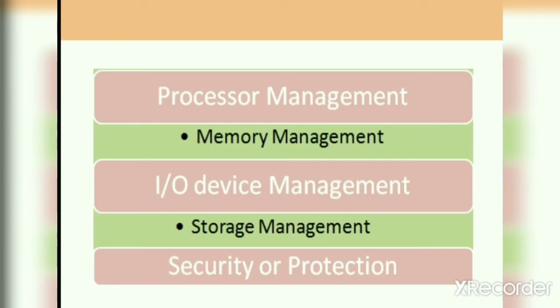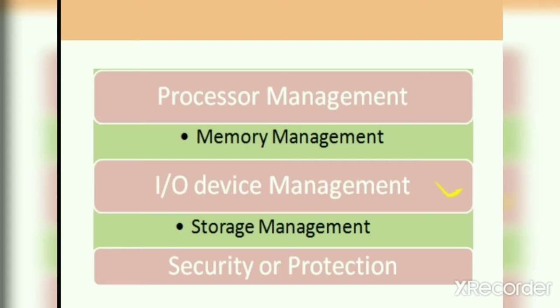All the processes are in the main memory. The size of the main memory is very limited. So which process would be in the main memory, and for how long, is also decided by the operating system. About memory management, we'll discuss in detail in a later chapter.